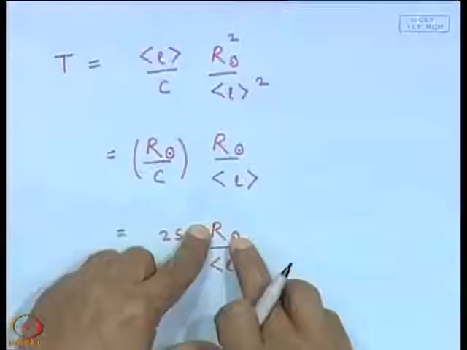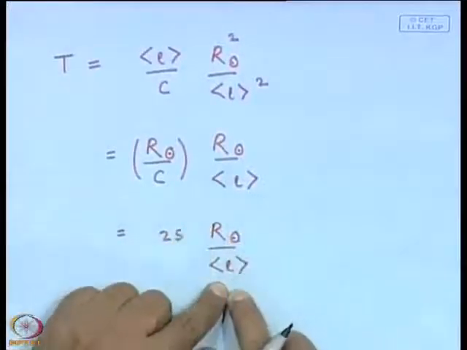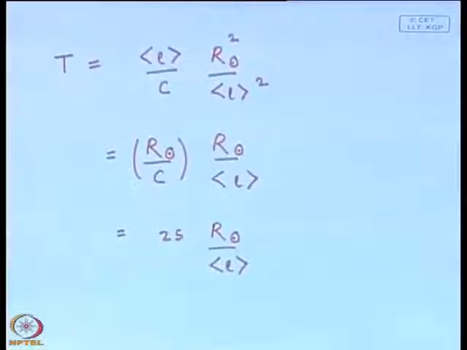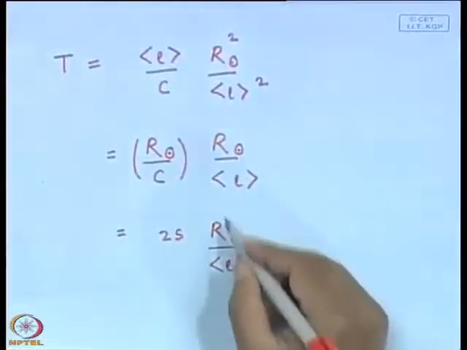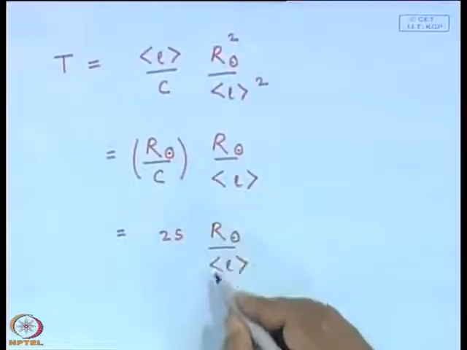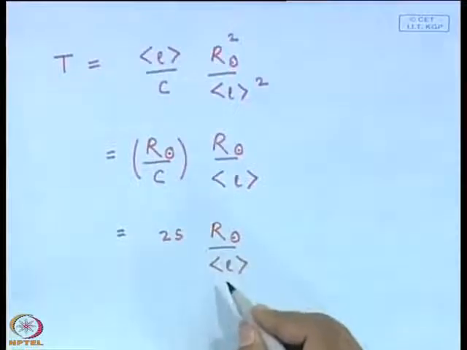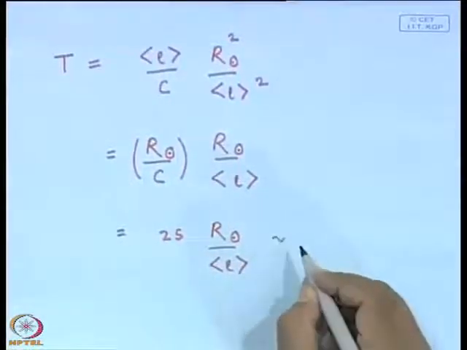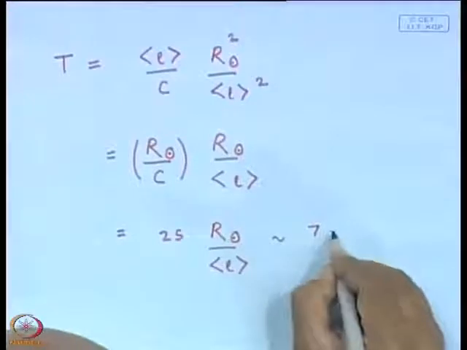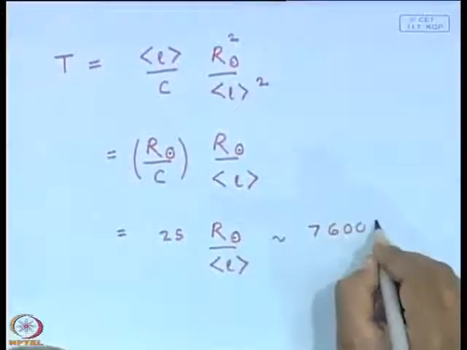As a consequence, it takes much longer, and the amount by which it gets increased is basically the ratio of the distance it has to cover to the mean free path. So if you now put in these numbers, we know both these numbers, this comes out to be somewhere around 7,600 years.